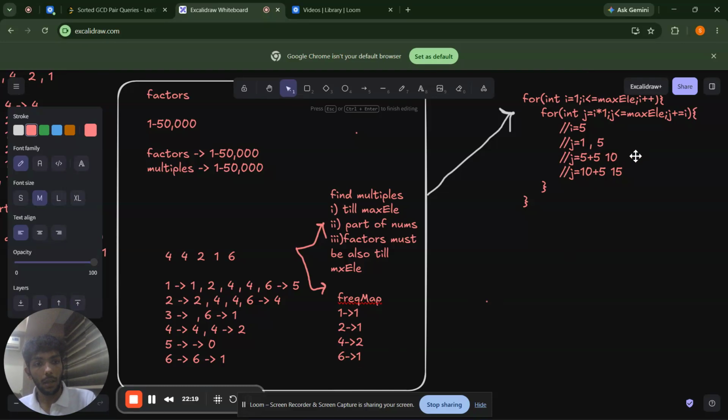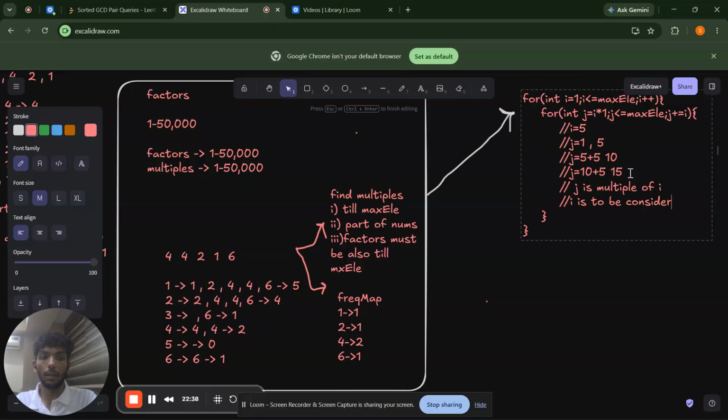Okay, so now we found out here that j is a multiple of i. i is to be considered for how many elements.